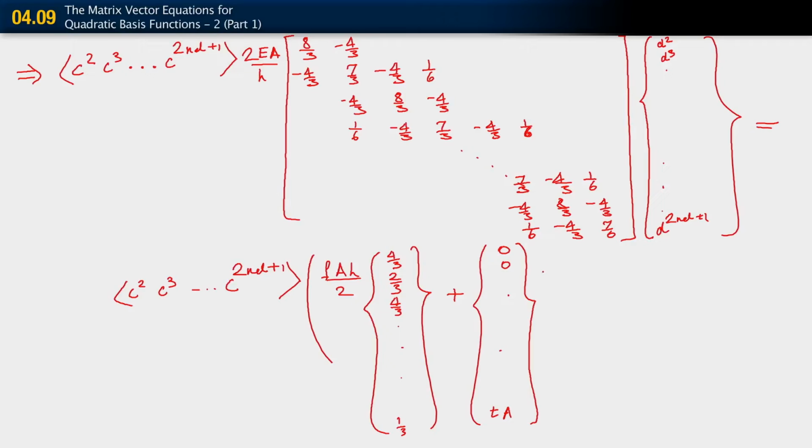It is minus 2EA over H times D1, which we know to be U naught. Right? That's our specified Dirichlet value for the displacement. Right? And then the column that we obtained from the left-hand side is this, minus 4/3, 1/6, and zeros.